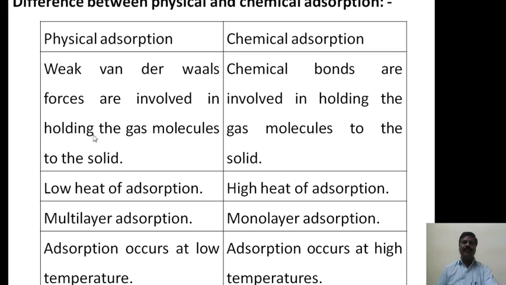The gas is the adsorbate in both cases, and the adsorbent is the solid.